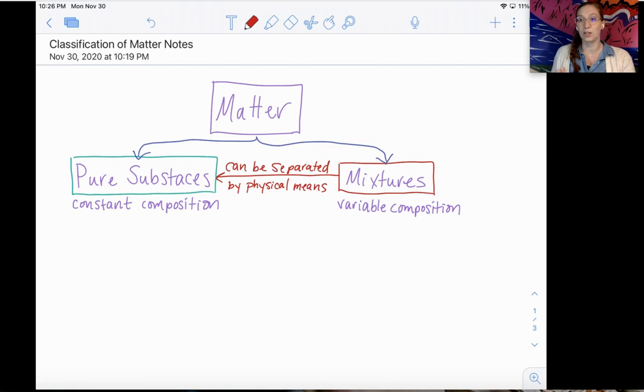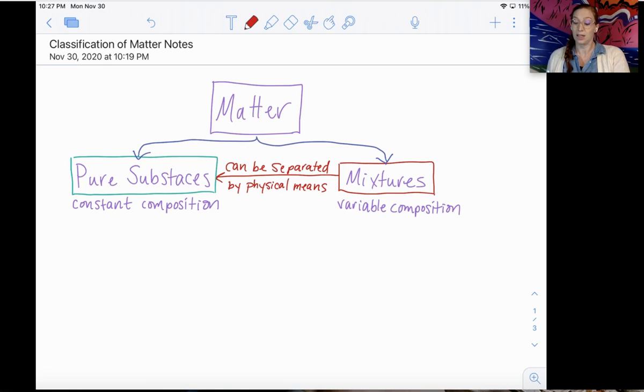An example of a physical type of separation that's really common is a filtration, where you would separate solid particles from liquid. There's an example called a distillation, where you would heat a sample up and the different liquids in the mixture would boil off at different temperatures. We also have something called chromatography. That's an example of a type of physical separation technique that is relatively common in the lab setting.